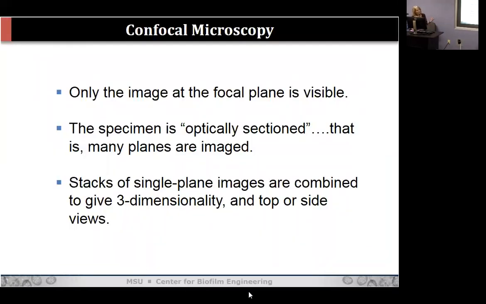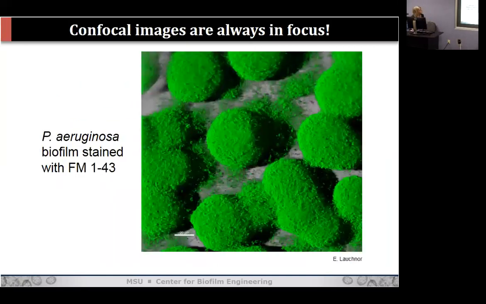So with confocal microscopy, only the image of the focal plane is visible. We have to take optical sections through our sample and then put them together later in software to give us a three-dimensional view. You can tell right away this is a confocal image because the hallmark of a confocal image is that everything is in focus, but you also see depth and three-dimensionality.